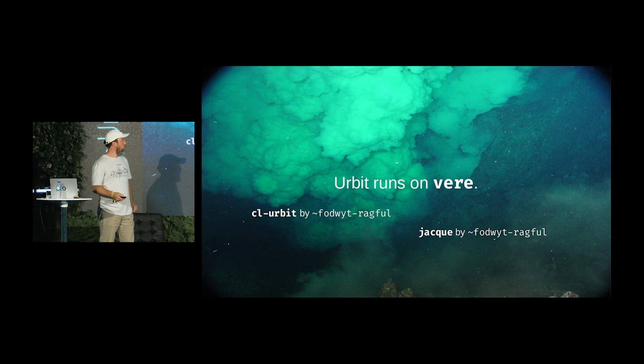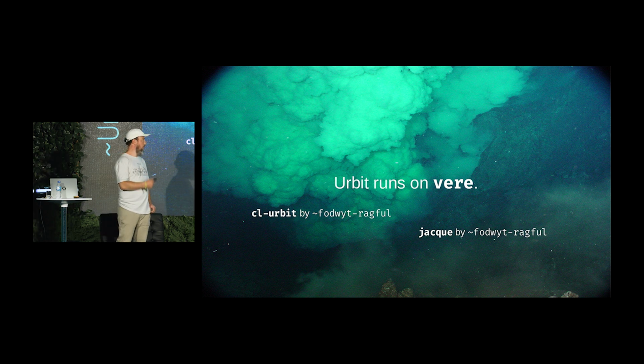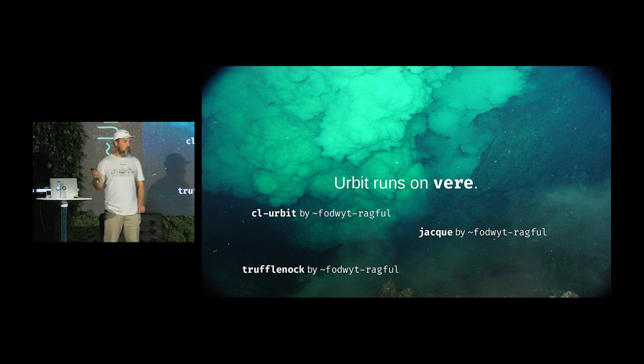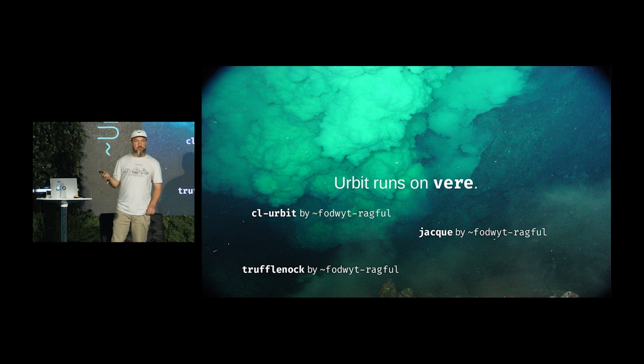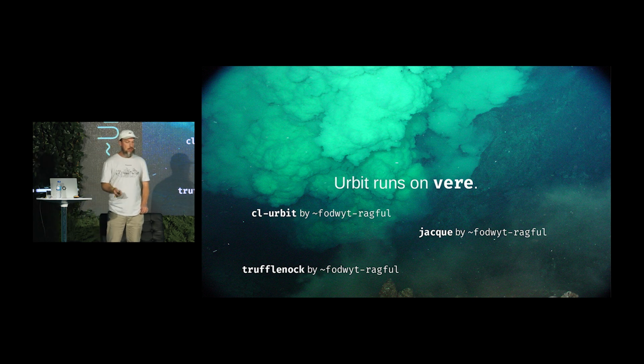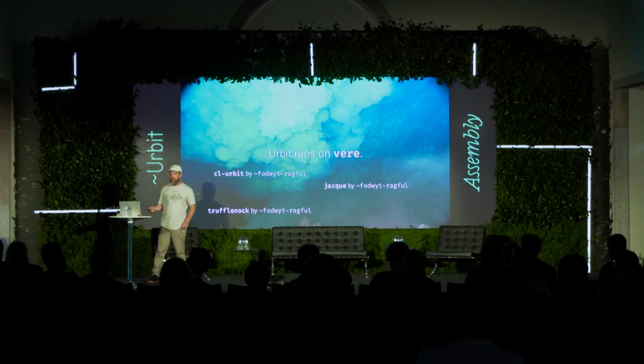Well, there was one in Java called Jock, also by Fode White Ragful. Once again, I asked, and this one's actually defunct, he said. And then I asked him, well, there's one more. It's called Truffle Nock. It's also written in Java. And he said, no, I haven't done that one either. And it's also by the same guy.